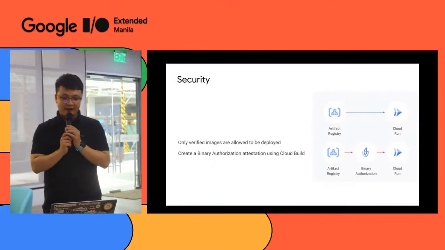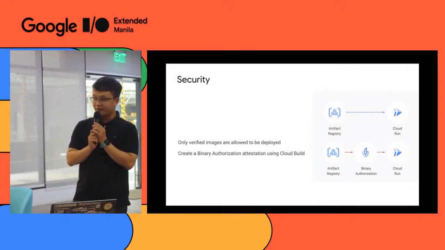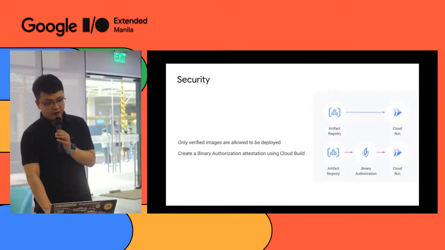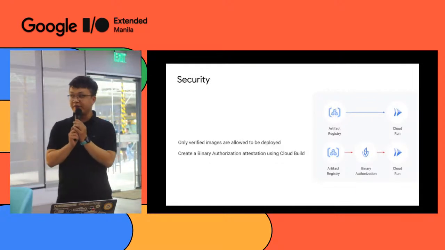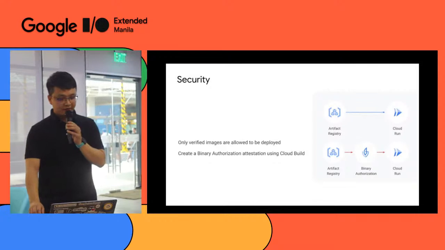And another feature is Binary Authorization. We also use BA in GKE and it is also used in Cloud Run. This will only allow verified images to be deployed to our application running on Cloud Run.